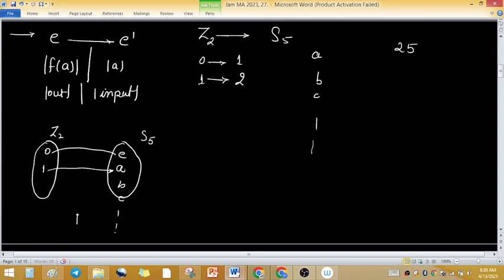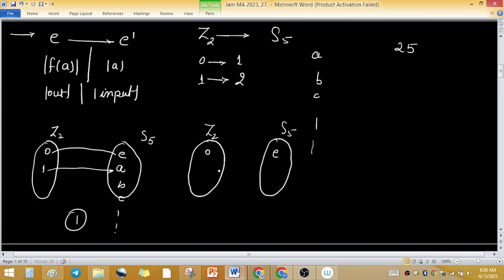These other elements are not the image of anything because there are only two elements in the domain. Now this is one homomorphism. This is another homomorphism I am arranging: identity to identity, and 1 goes to another element of order 2, and the other elements like A, C, D and so on remain left. So this is another homomorphism.